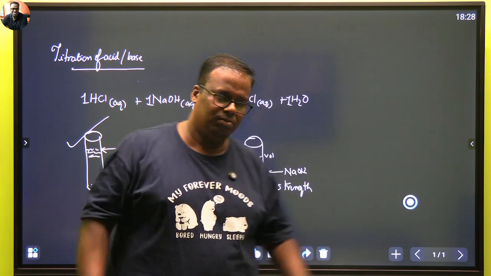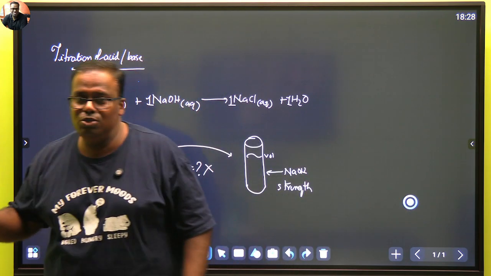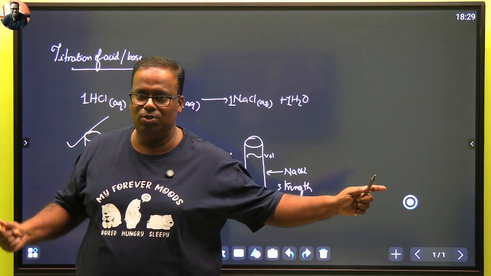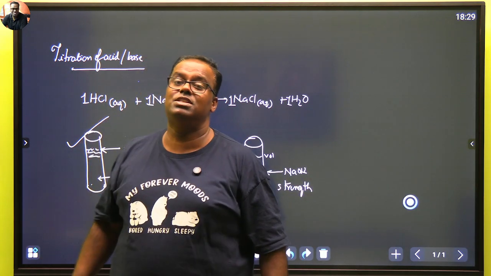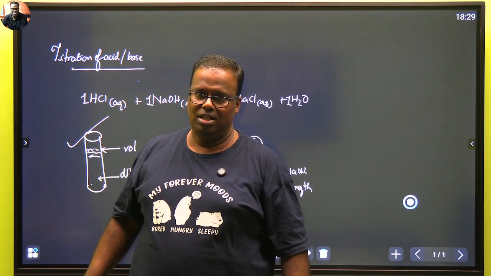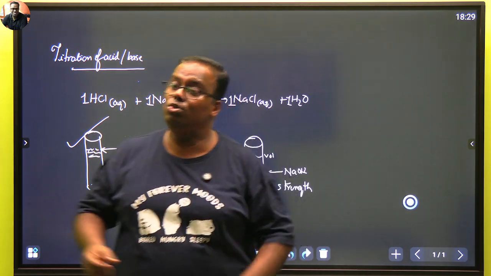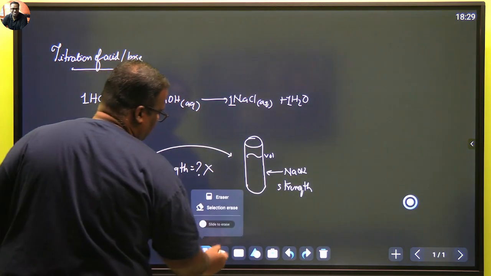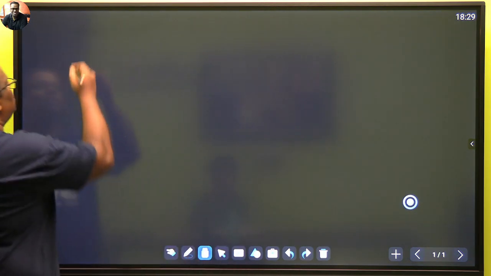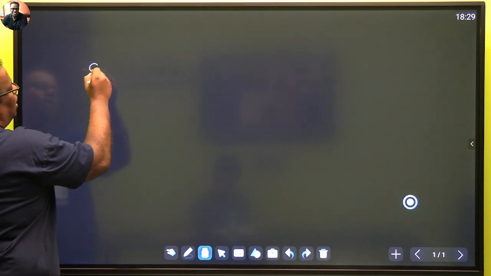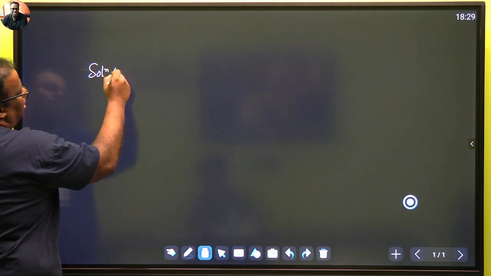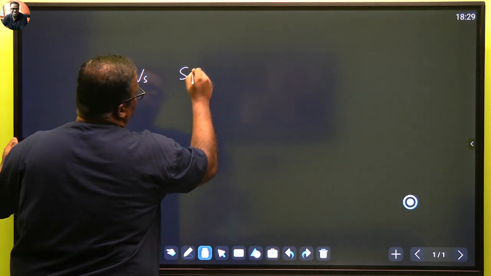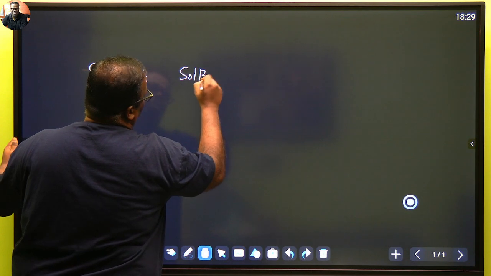Have you understood? That warrior whom you sent to fight with him, whose strength was known, in this language we call him a standard solution. A standard solution is someone whose strength is known to you. Okay? So let's understand something: we will have a solution A and we will titrate it with a solution B. This is what the whole game is all about.